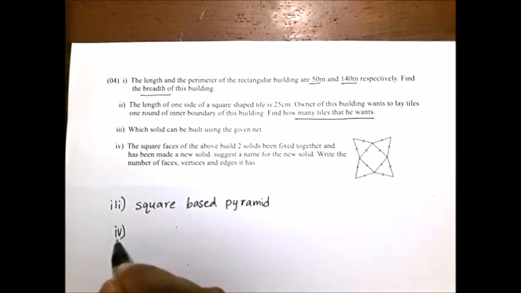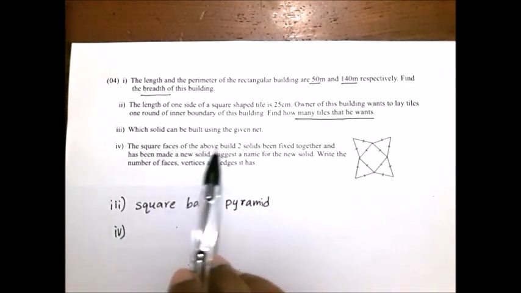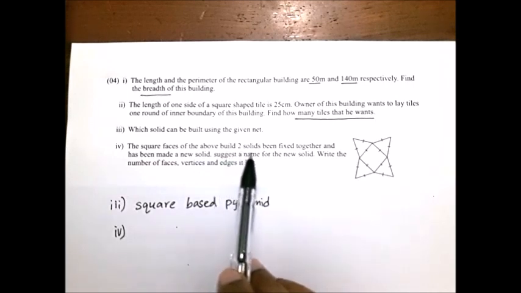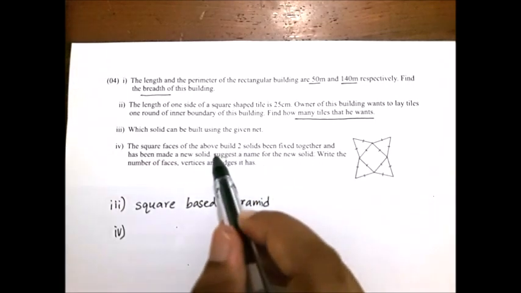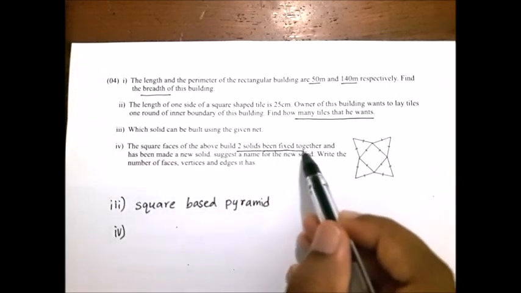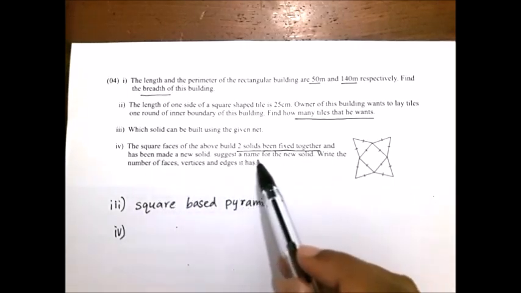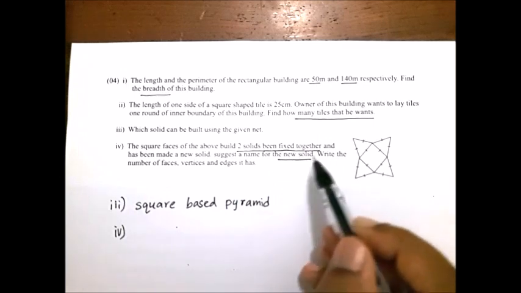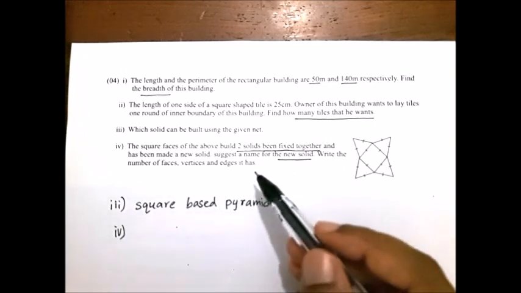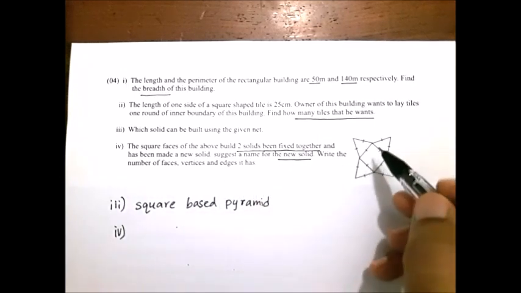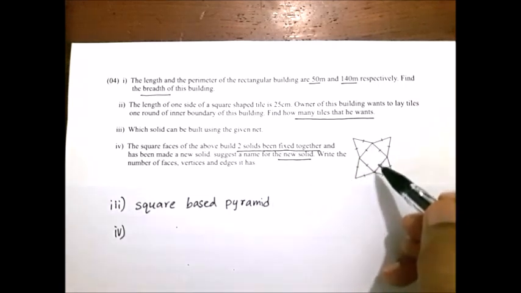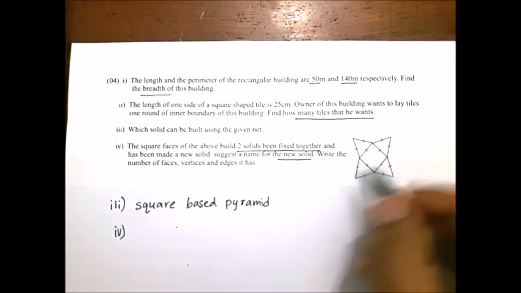Fourth one. The square faces of the above two solids are fixed together and make a new solid. Suggest a name for the new solid and write the number of faces, vertices and edges. If you fix two square faces of square base pyramids together, you can build a regular octahedron.